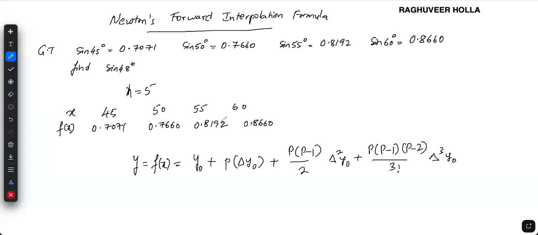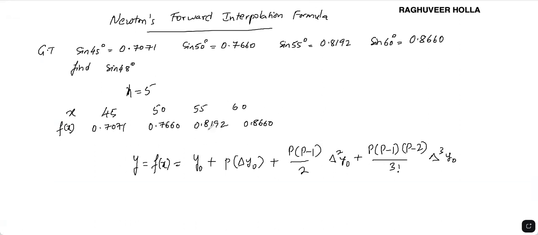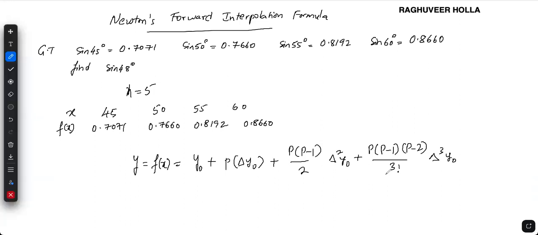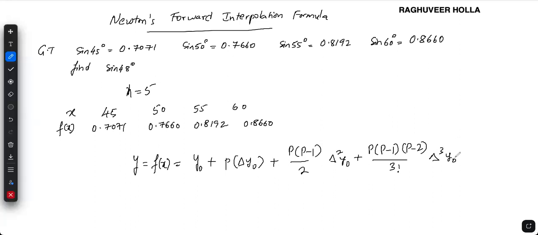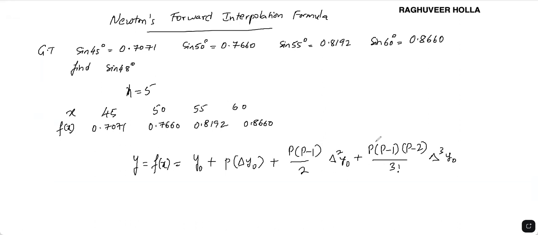Based on the differences, how many differences are there? According to that, we write the formula. So suppose I find that here we have up to third difference, so we'll be stopping up to delta cube y naught. So let us find a solution for this.